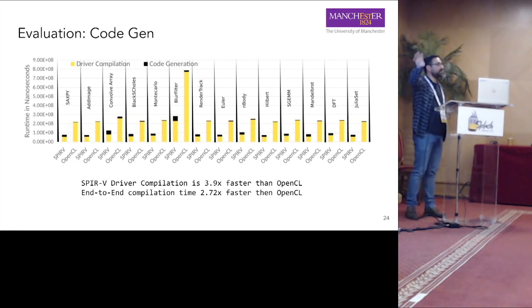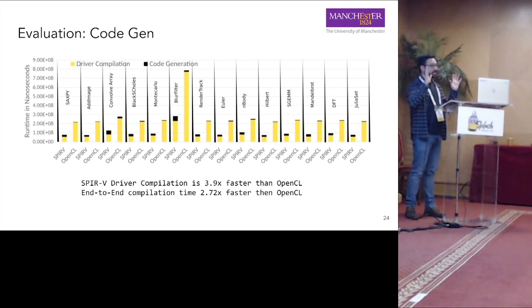One for OpenCL, the one we already had in Tornado VM, and the new one, SPIR-V. And for each bar, we're dividing it into two. What we call the code generation is the black portion of it, and the driver compilation. The code gen is the actual build module with the library that I was talking about, the SPIR-V Toolkit. The yellow part, the driver compilation, is the JIT part.